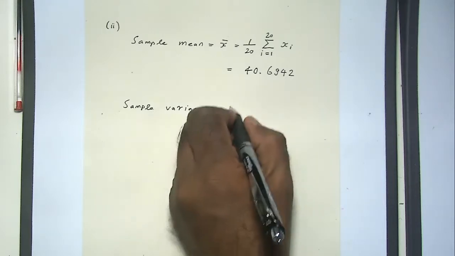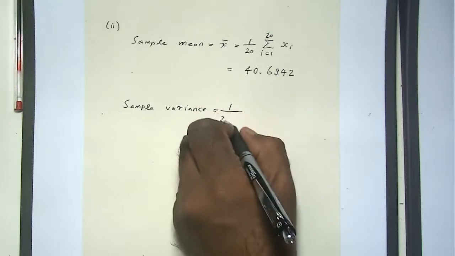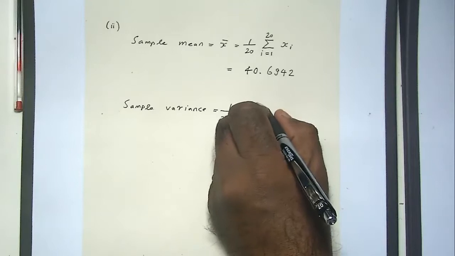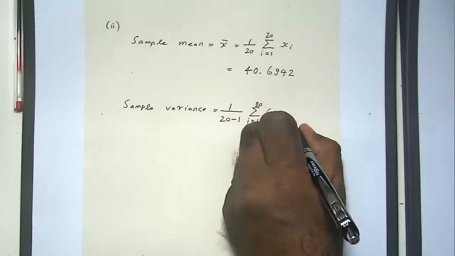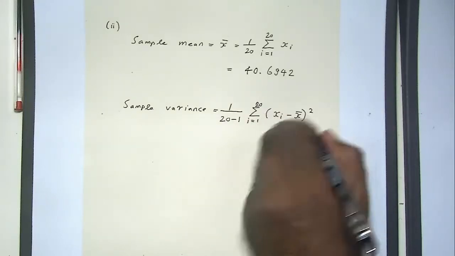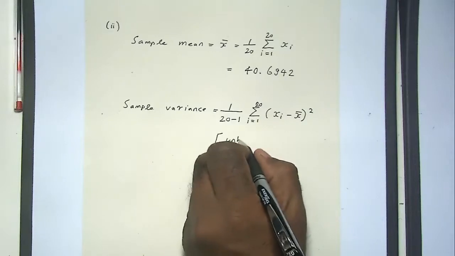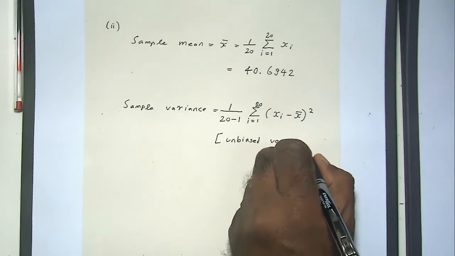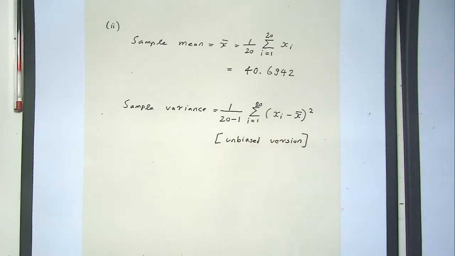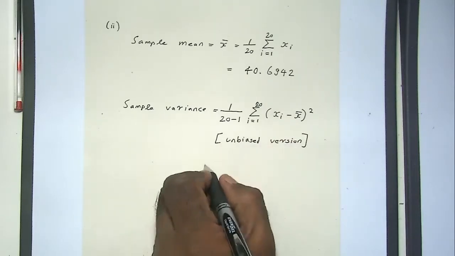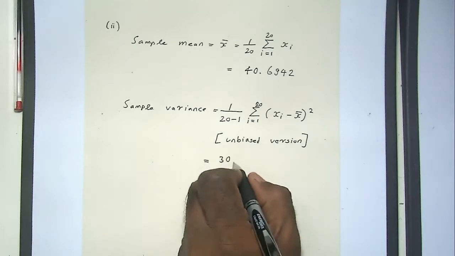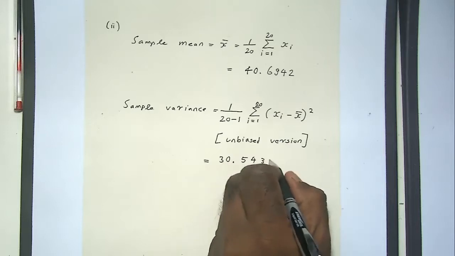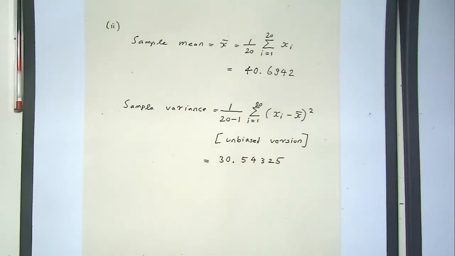So I'm going to use the unbiased version, and if you work this out, you will get 30 point. This is what you get, okay?